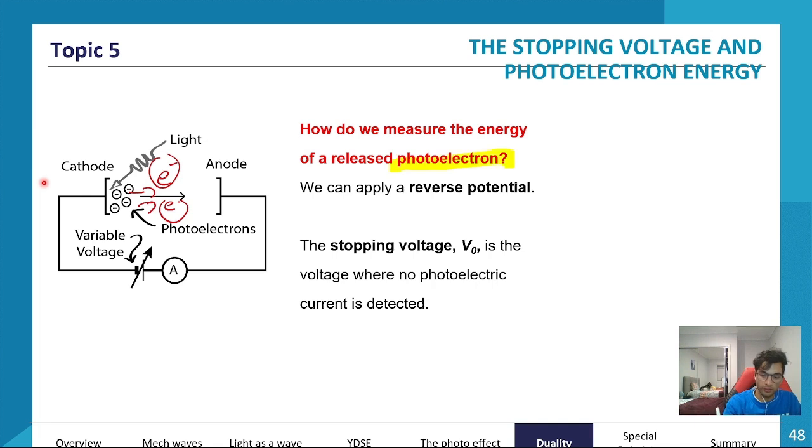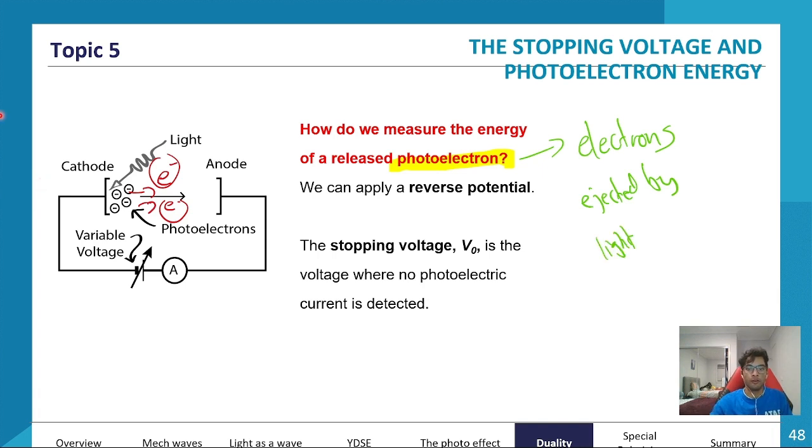Photoelectrons is basically a fancy word for electrons ejected by light. And so these electrons are traveling from here to here, and because they're traveling, they obviously have a velocity and some sort of energy. What we wanted to calculate was how much energy the electron has. But it's a bit difficult to calculate how much energy an electron has.